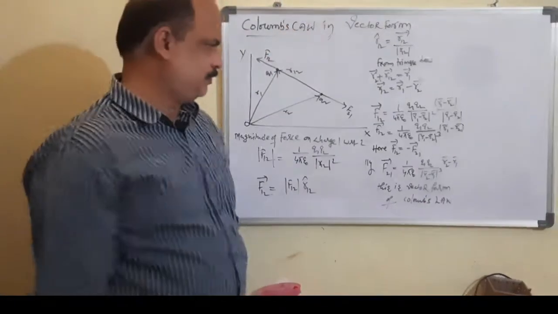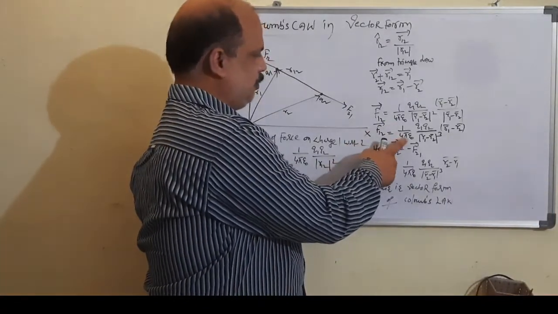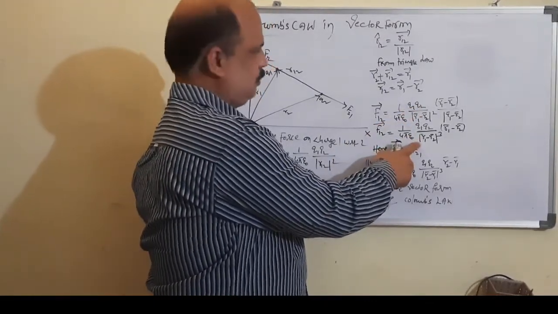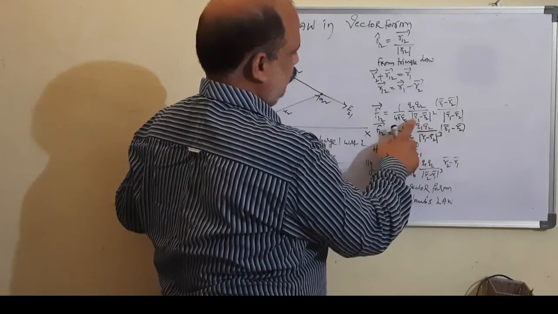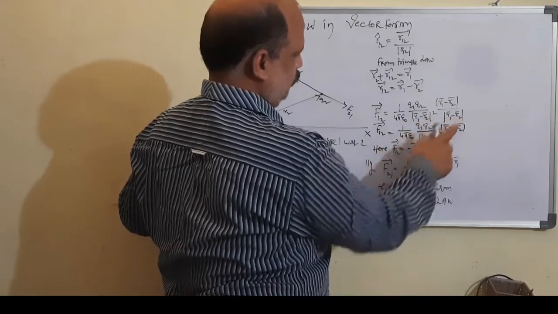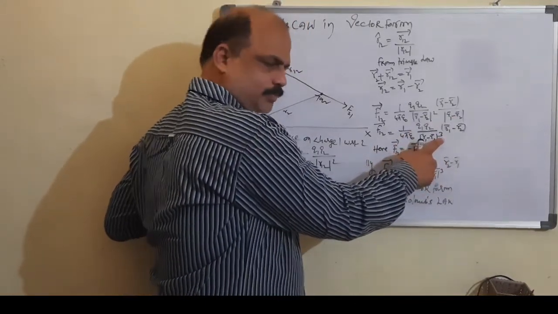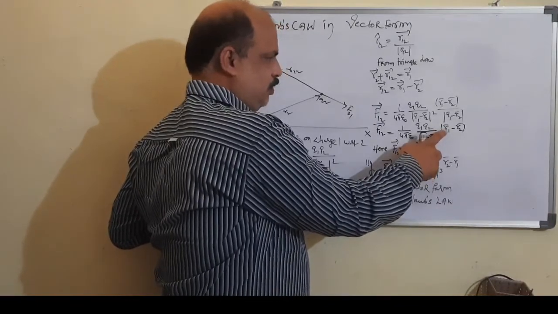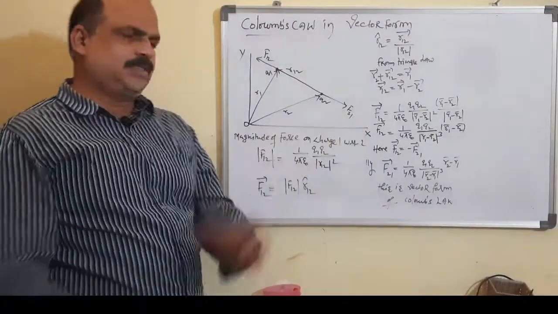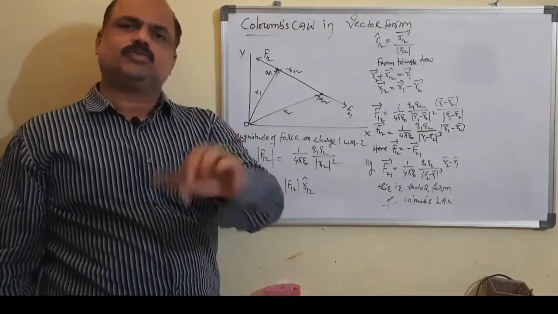Direct step: F12 bar is equal to 1 by 4 pi epsilon naught, Q1 Q2 divided by mod R1 bar minus R2 bar whole square, into R1 bar minus R2 bar. That is equal to mod R1 bar minus R2 bar whole cube, into R1 bar minus R2 bar. That is the vector form of the force acting on the first charge due to the second charge.